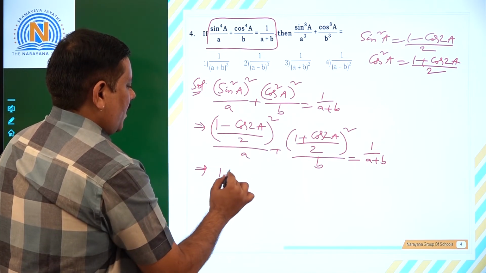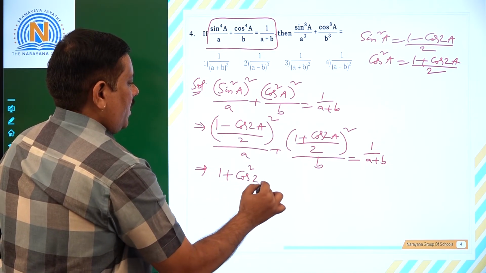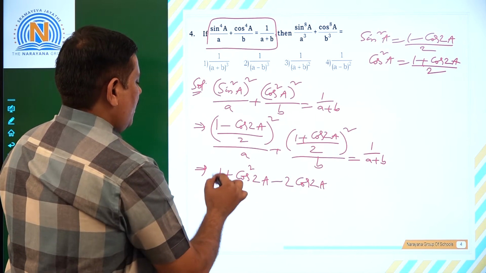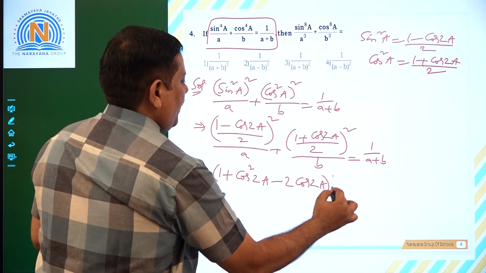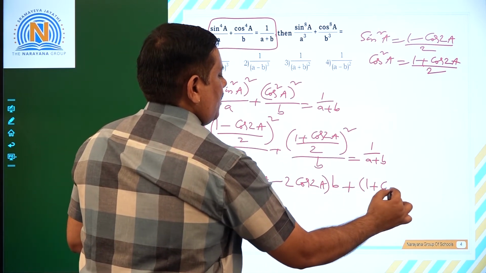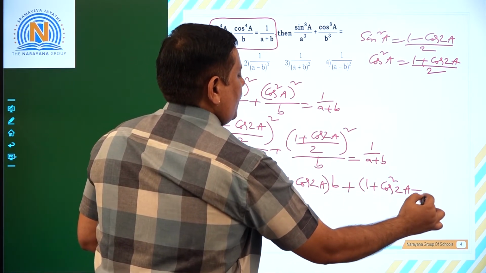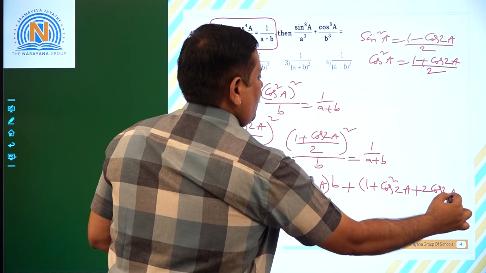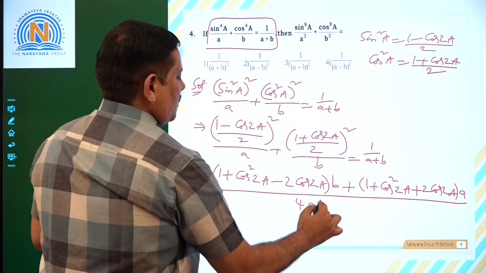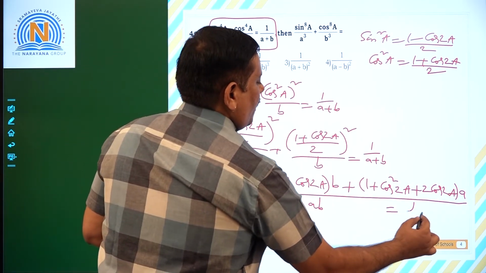So what do you get? 1 plus cos square 2a minus 2 cos 2a times b plus 1 plus cos square 2a plus 2 cos 2a times a by 4ab, that is going to be the LCM, that is equal to 1 by a plus b.